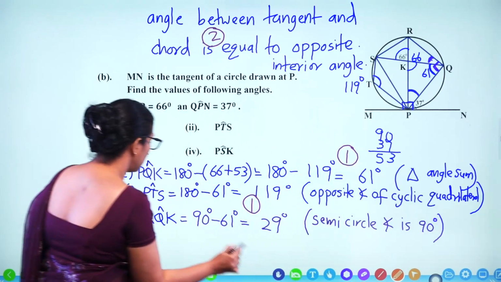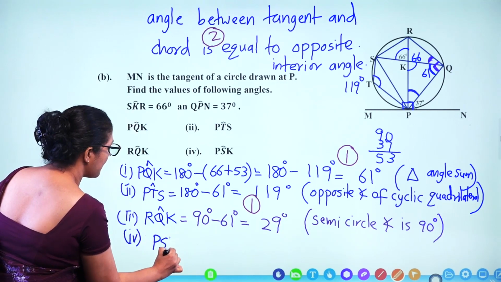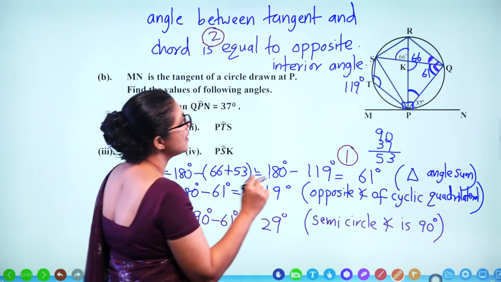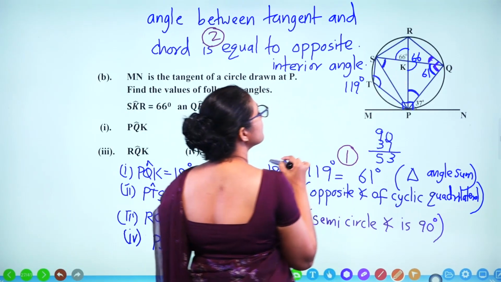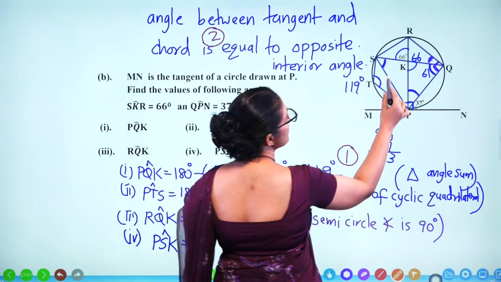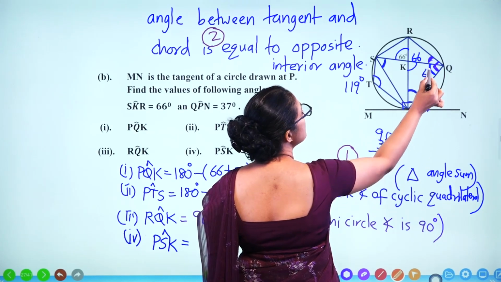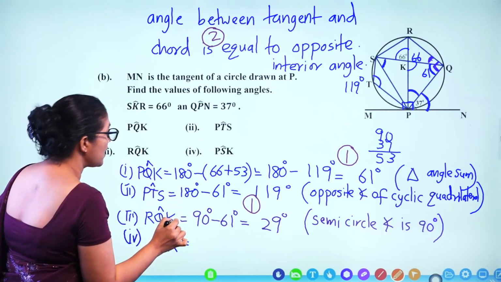And the next part, the fourth part, PSK. This angle. That's 37. Here, this one is the same as this angle. Alternate segment theorem. So that's easy.